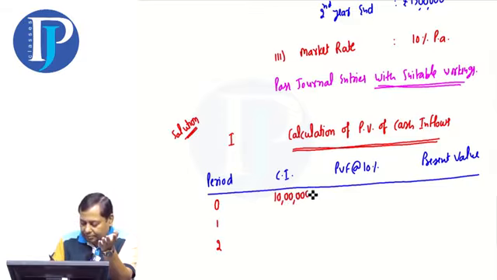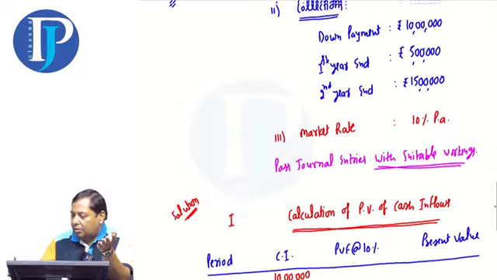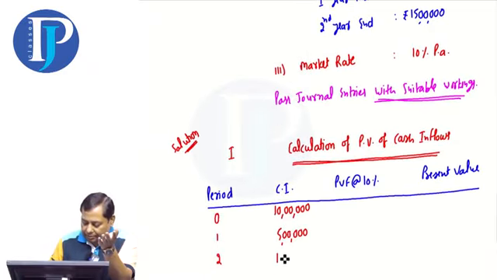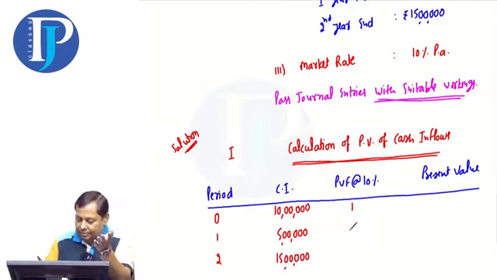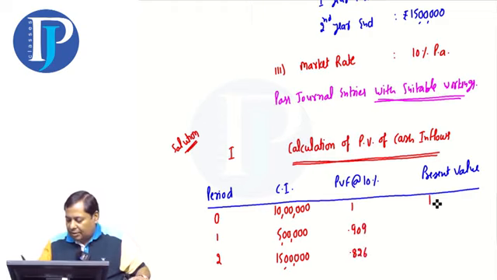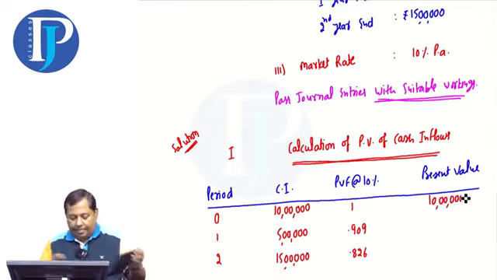Here the cash inflow is 10 lakhs, here is 5 lakh rupees, and here it is 15 lakhs. In the zero period, the PV factor will be 1. This will be 909 and this will be 826. This will remain 10 lakhs. Can't do anything else.